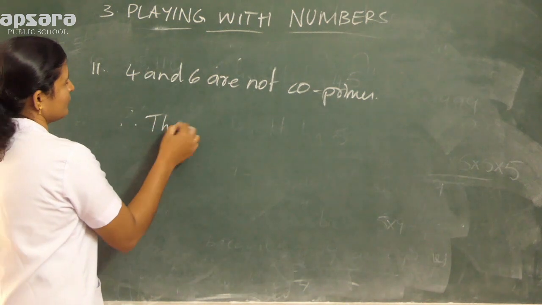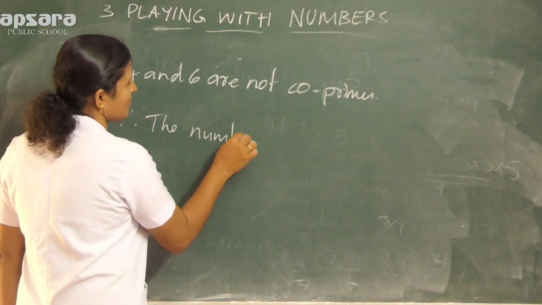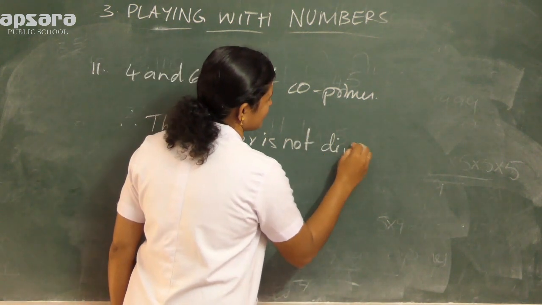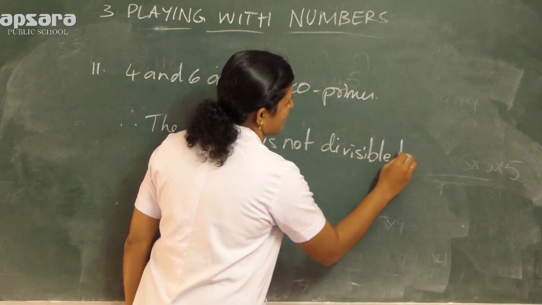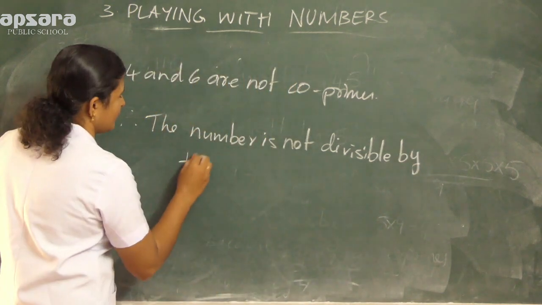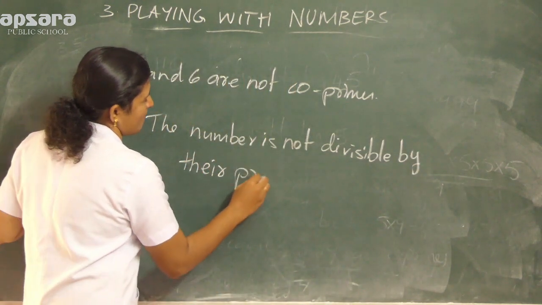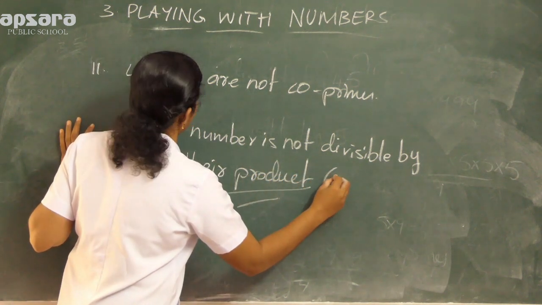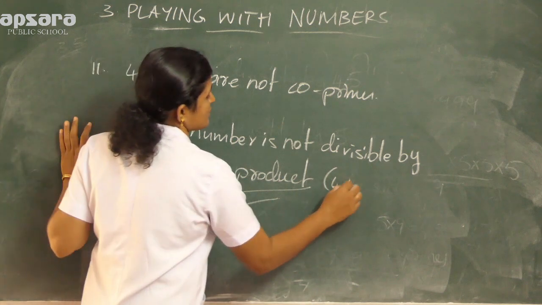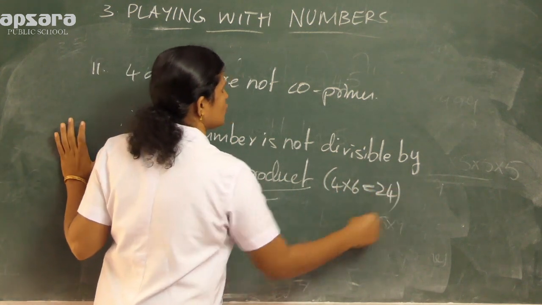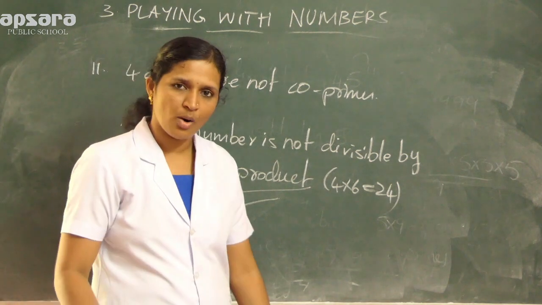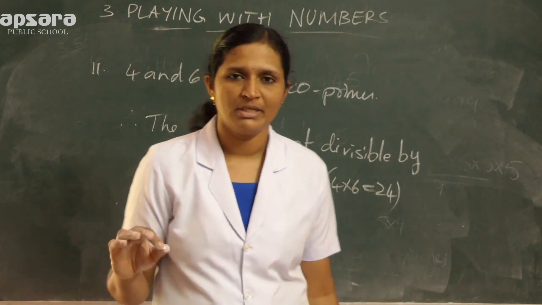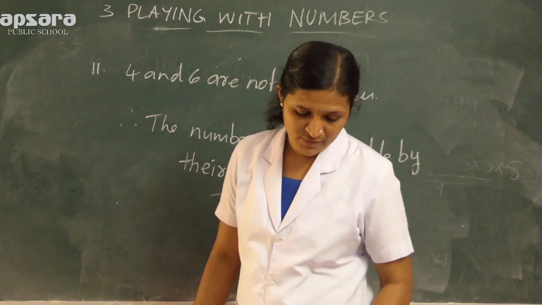Therefore, the number is not necessarily divisible by their product. What is the product? 4 into 6, 24. If they are co-primes, the number is divisible by their product. The given numbers are not co-primes, so the number is not divisible by their product.